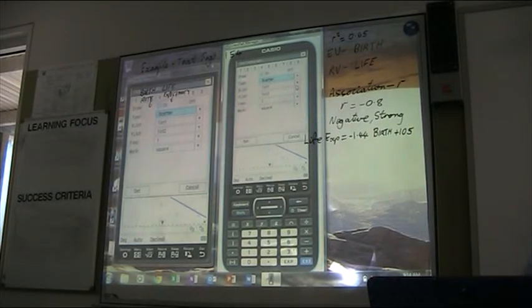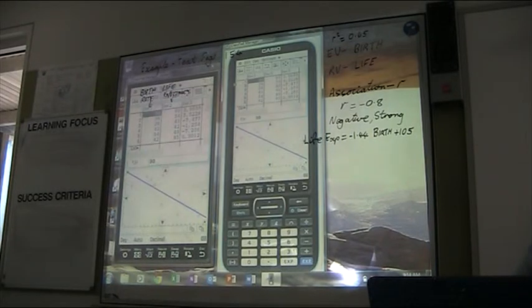So it's still the explanatory variable. But the Y list this time, we want the residuals. So we change that to residual, set that, and then come up and tell it to draw. There they are. And so there's our residual plot.